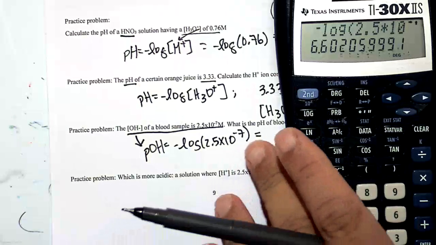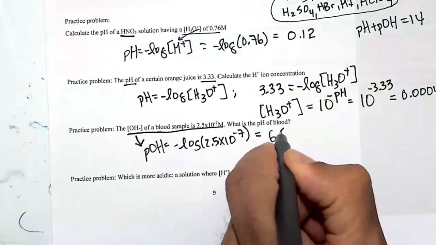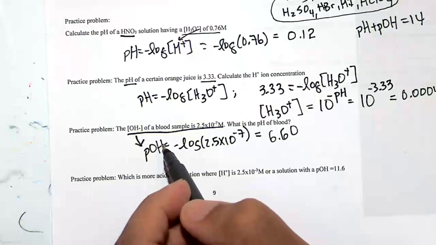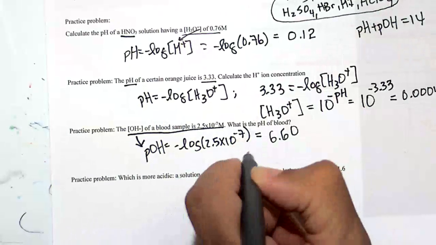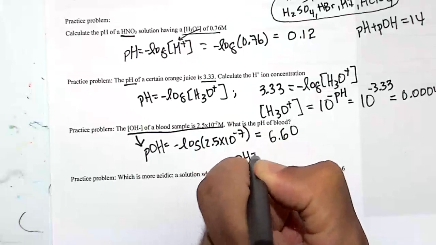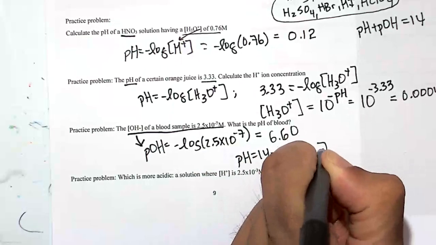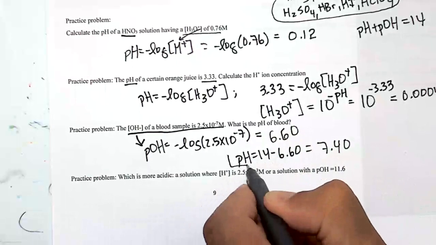So that's going to be 6.60. Okay, so that's the pOH. Okay, how will we get the pH? What do we need to do? Very good. We'll take 14 minus 6.60, and that is a pH of around 7.4.